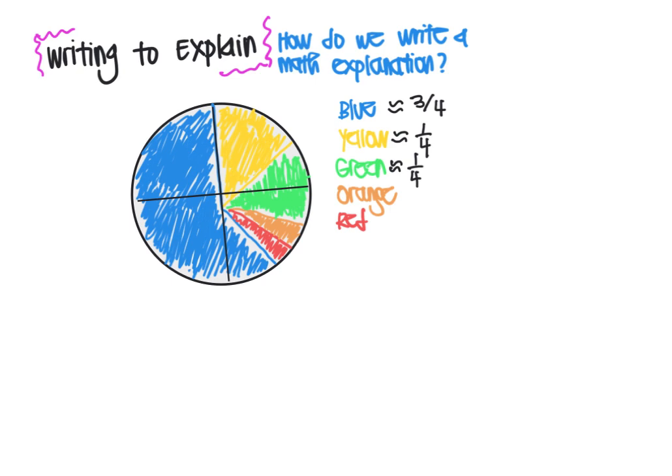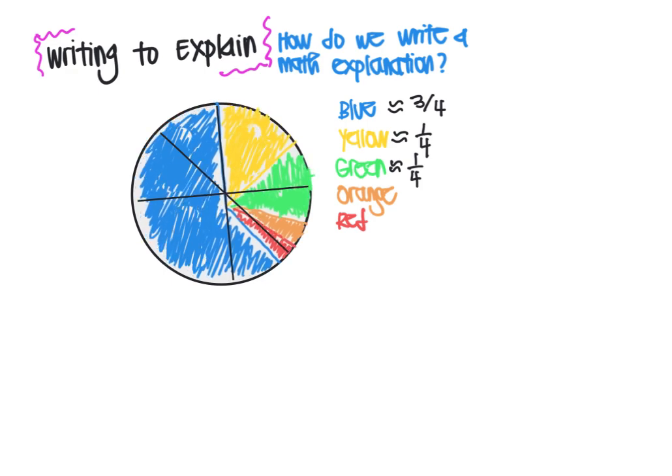I'm going to split my circle into eighths. Oops, wrong part. There we go. An eighth also seems like it's just a little bit too big. So I'm going to see if I could split it again.